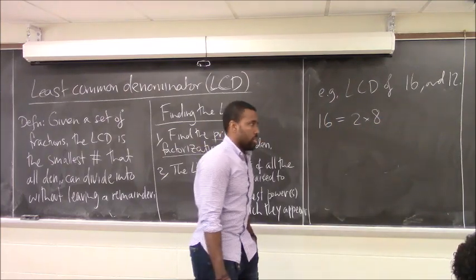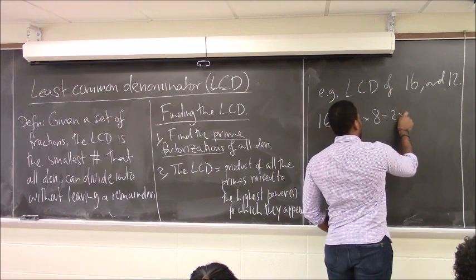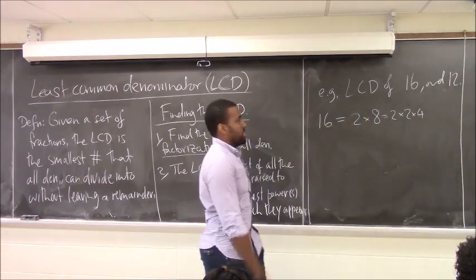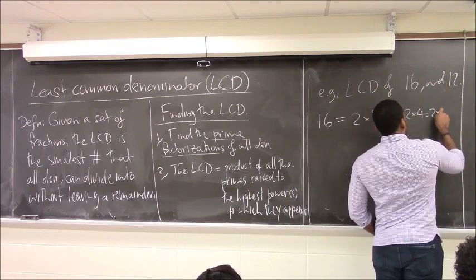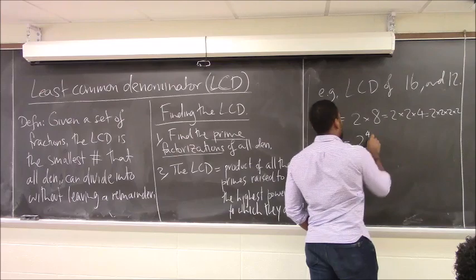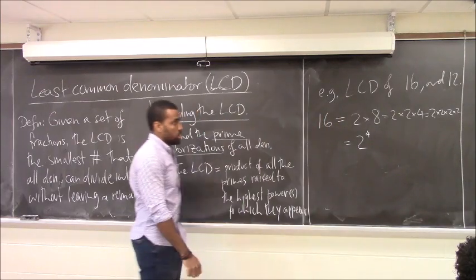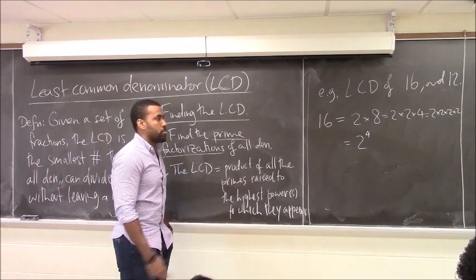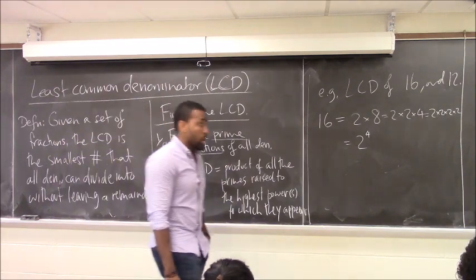And I realized, oh, I can divide 2 into that again. So I divide 2 into the 8, the result is 4, and I can divide 2 into that. So that's 2 times 2 times 2 times 2, or 2 to the 4th. This is the prime factorization of 16. I can think of it as a multiplication of 4 2's, and 2 is a prime number.